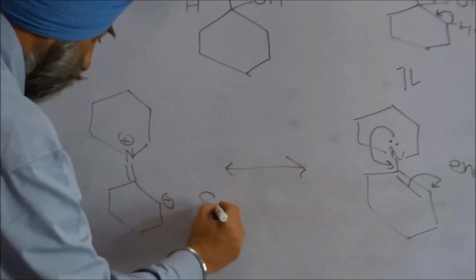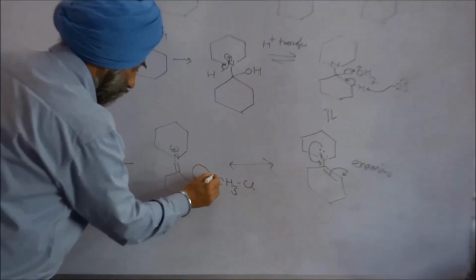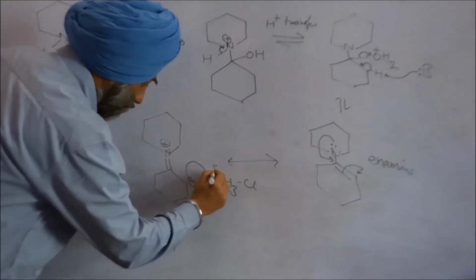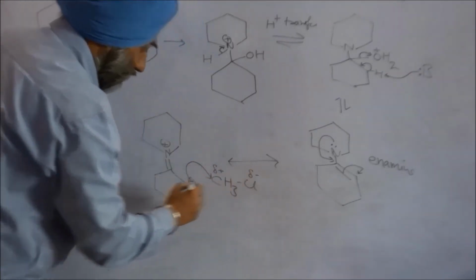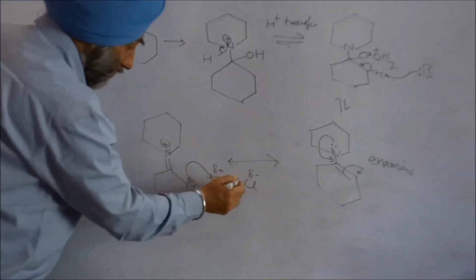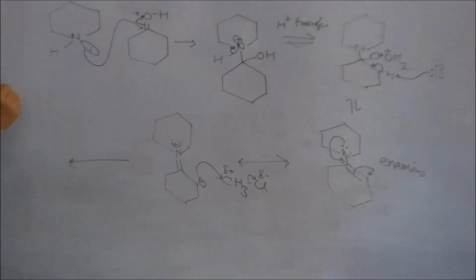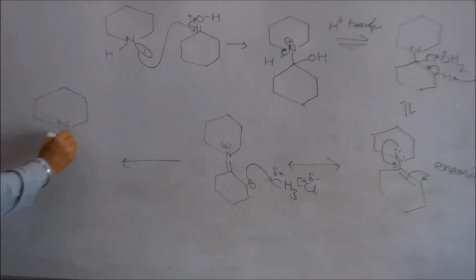So if we react it with methyl chloride, what will be the reaction? Carbon has a partial positive charge. Why? Because it is attached to an electronegative halogen atom. The halogen will be expelled and we will get a salt.